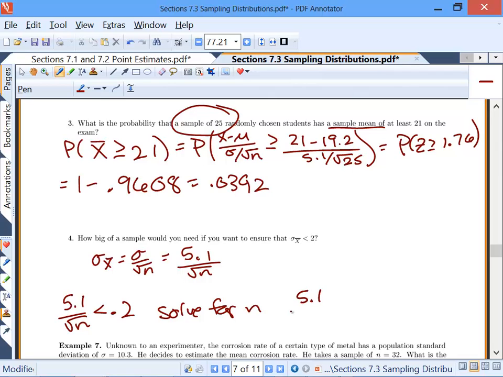So 5.1 is less than 2 times the square root of n. And so the square root of n is greater than 5.1 over 2. And so then n is greater than (5.1 over 2) squared.